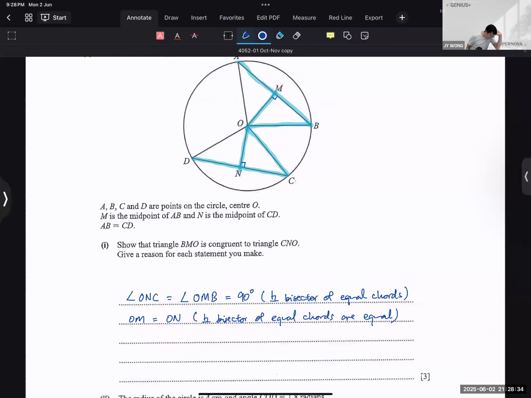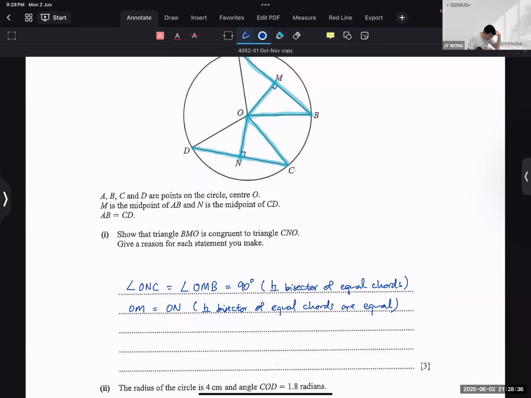Sorry, not AB equals to CD. I have OM equals to ON, so there is one length. I have a right angle, and then I use OB equals to OC because radius of circle.